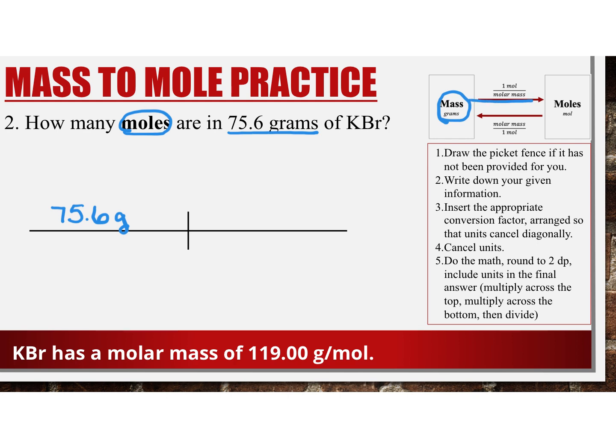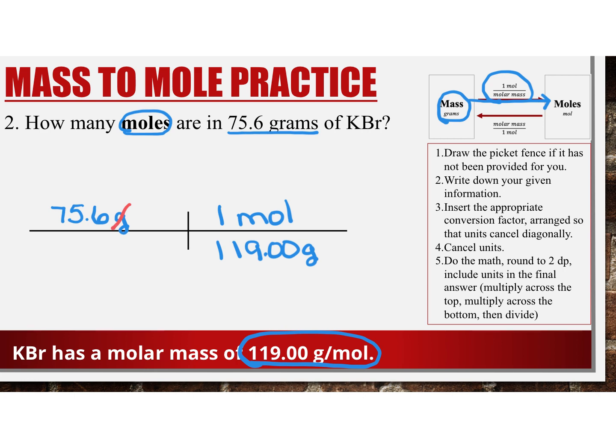I need to find moles, so I will use this conversion factor with the 1 mole on top. I'm going to take my molar mass and put that on the bottom. And now we are ready to solve.